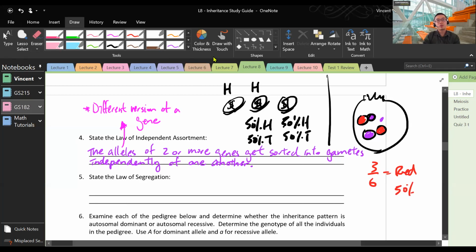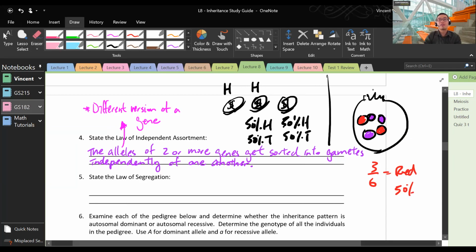Now let's say I do not return that ball back into the bag, and then I take another ball. What's the probability of getting a red now? It's going to be 2 out of 5, right? So what happened in the first draw will affect the probability of the second draw.